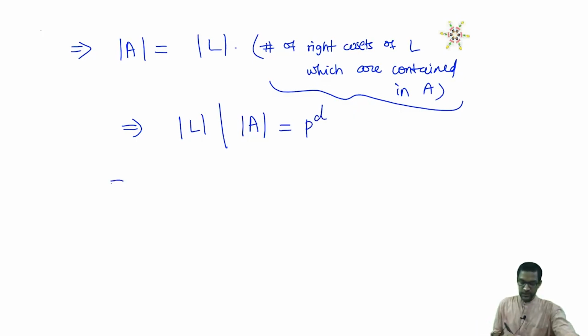So what this means is that the cardinality of L must also be some power of a prime. It must look like some p power j, where j is a number between 0 and d.